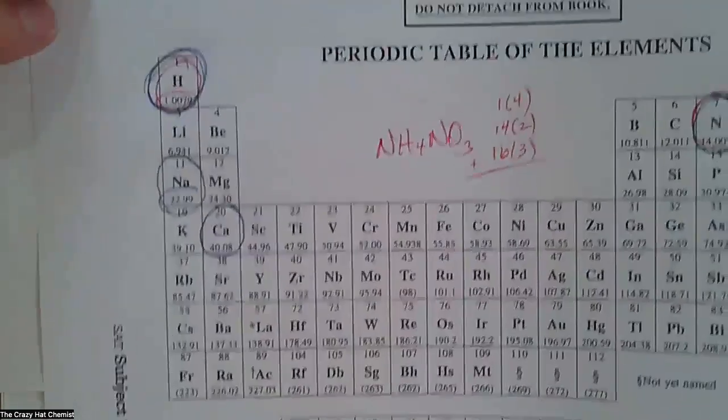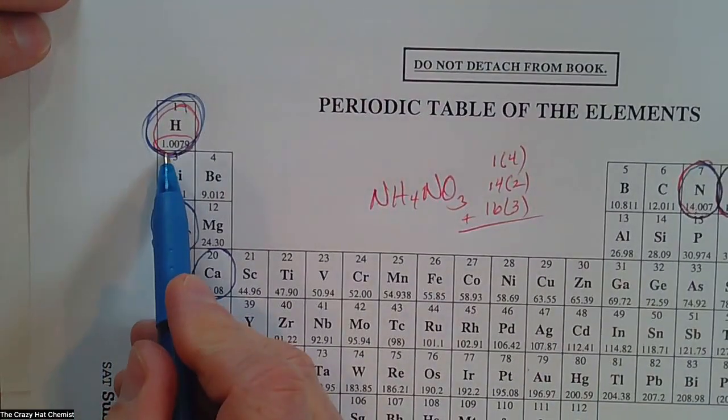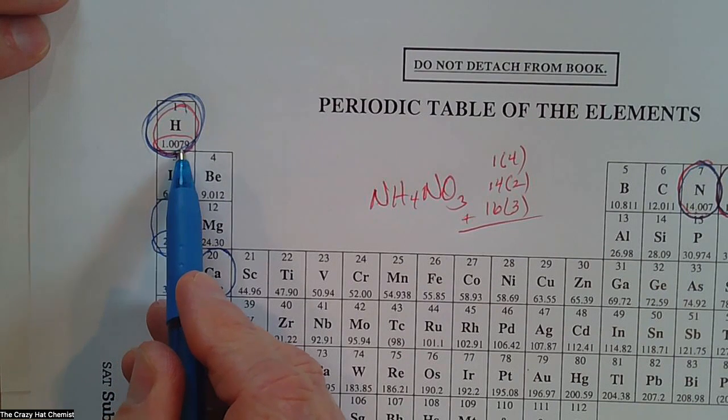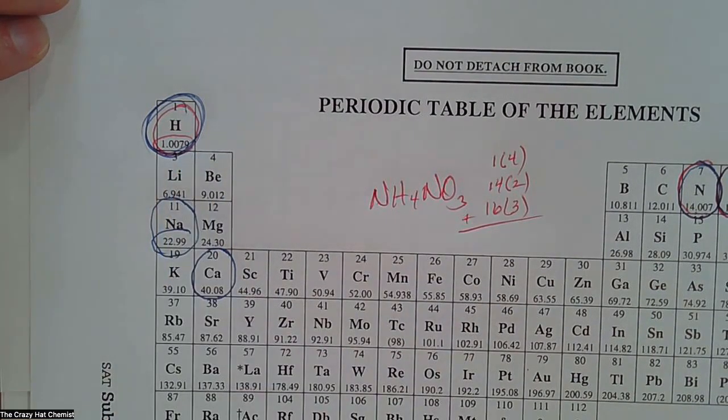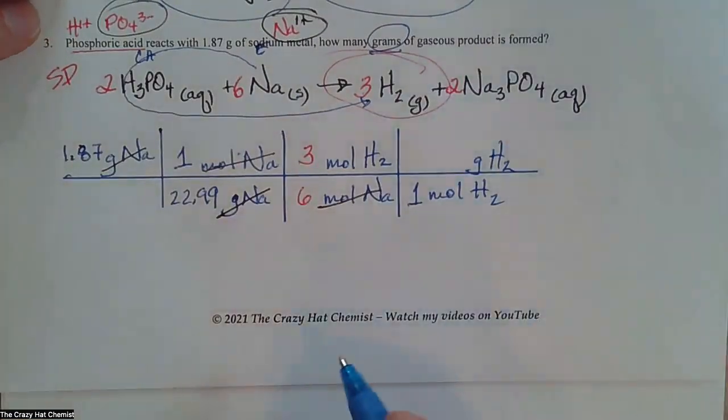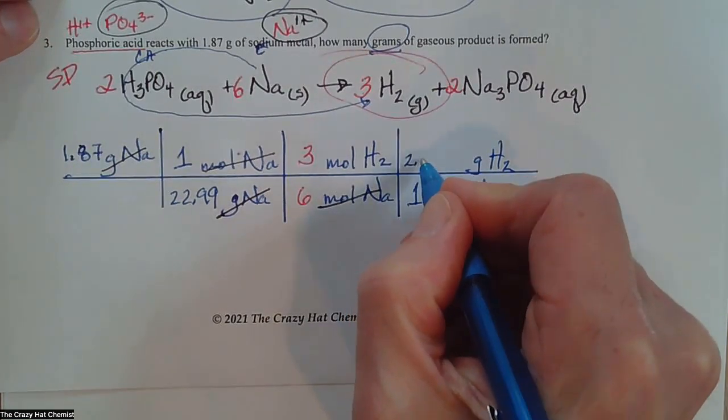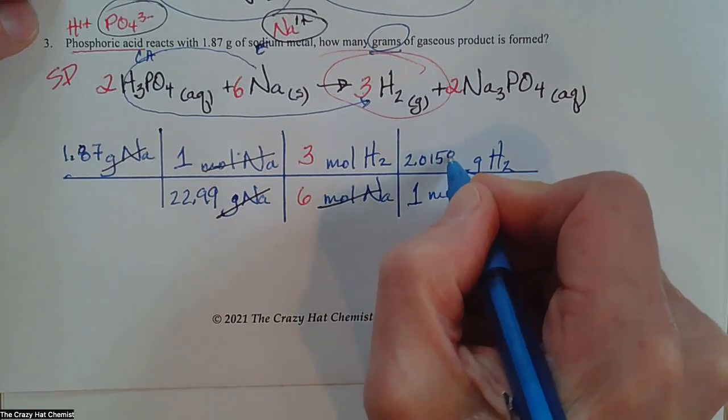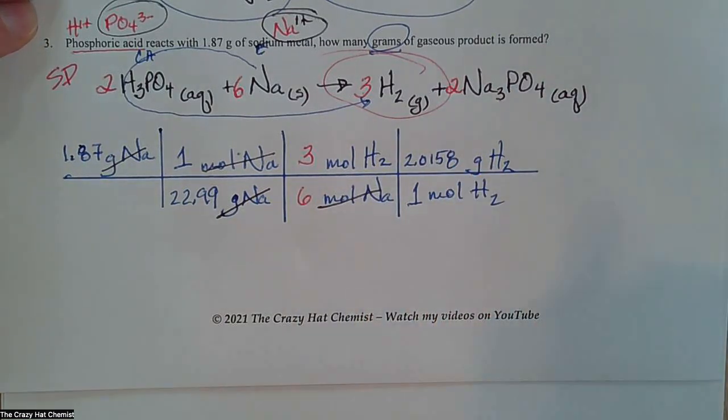So I'm going to pull out my periodic table. I'm going to find hydrogen, and it is 1.0079. I'm going to multiply that number by 2, and I'm going to get, just like I actually had on the last problem, 2.0158. That's the molar mass for hydrogen. I'm going to cancel out the moles of H2.